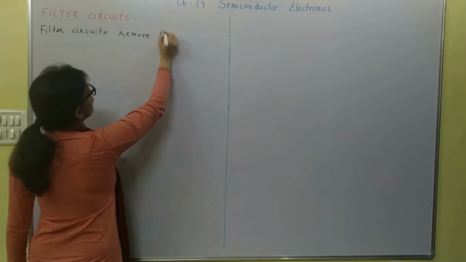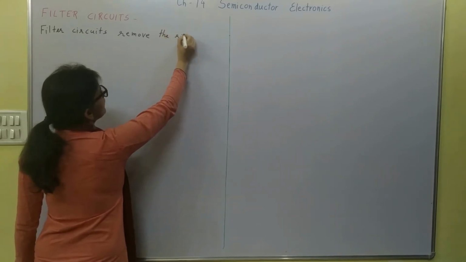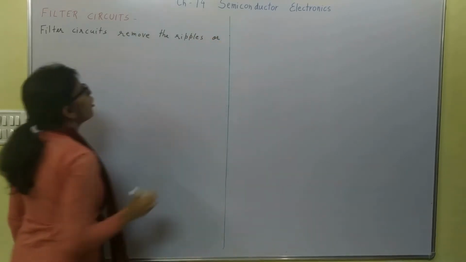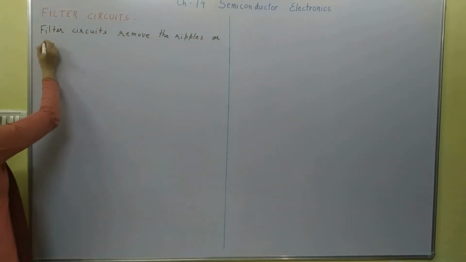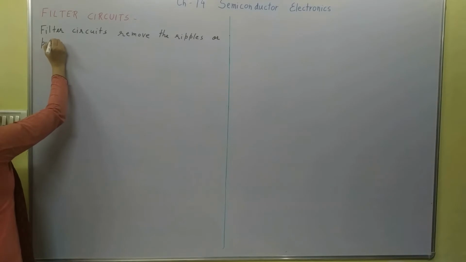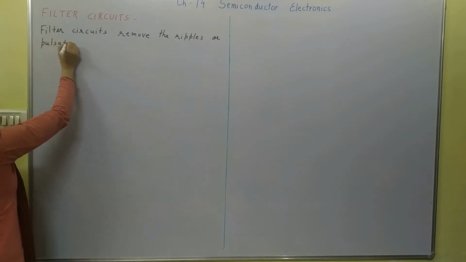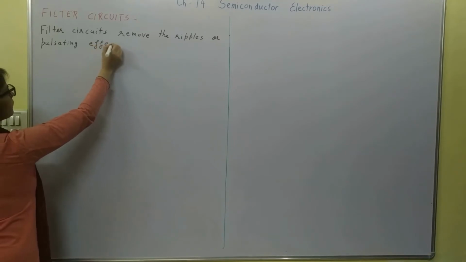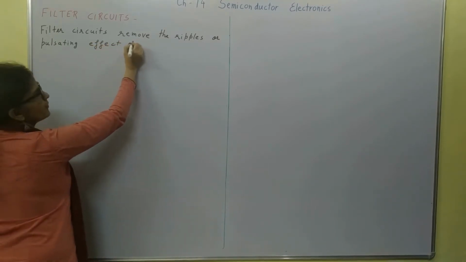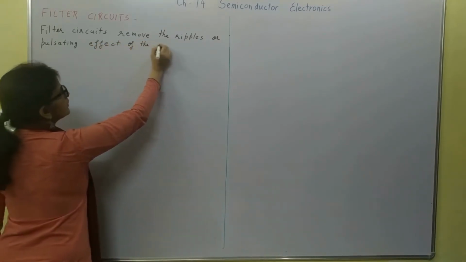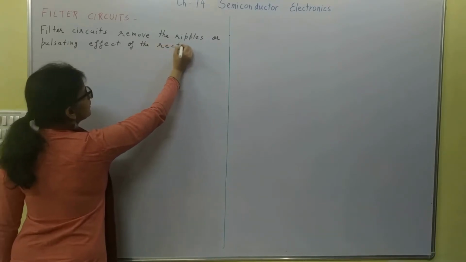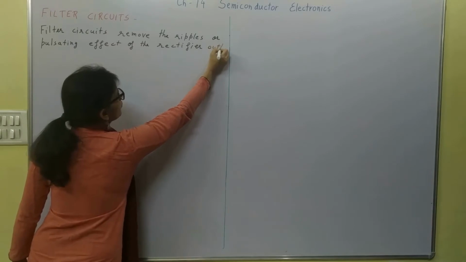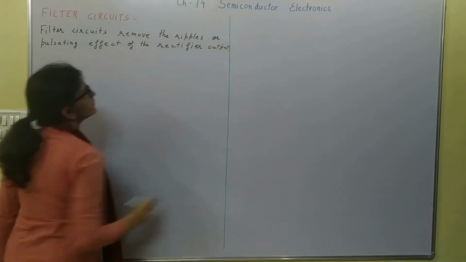Filter circuits remove the ripples or pulsating effect of the rectifier output, right?